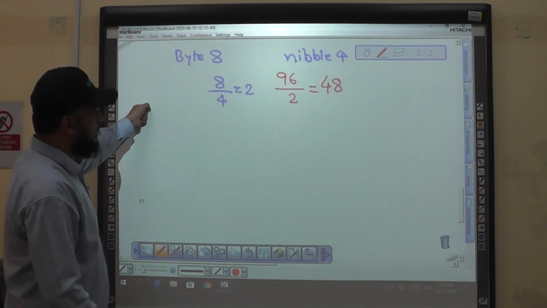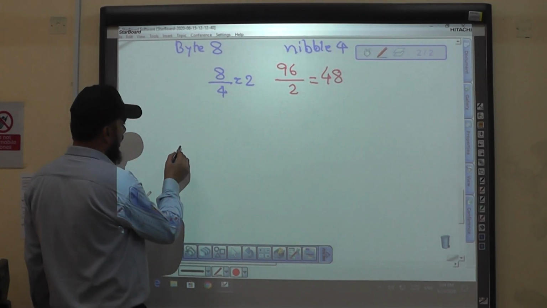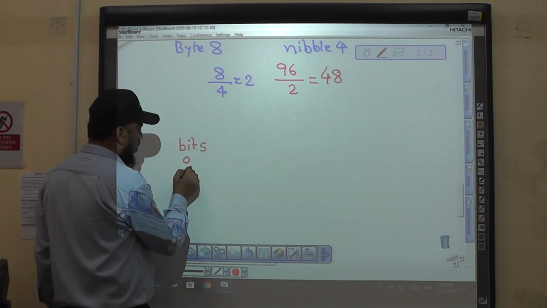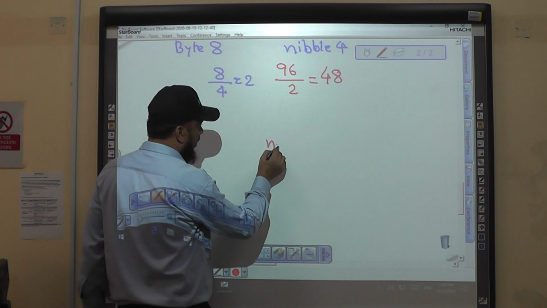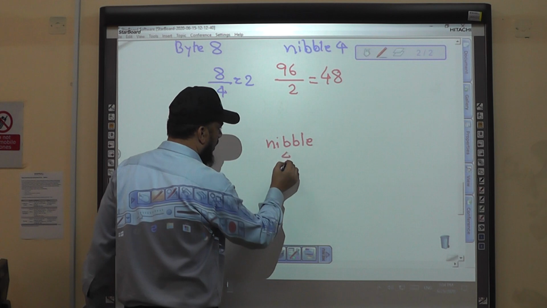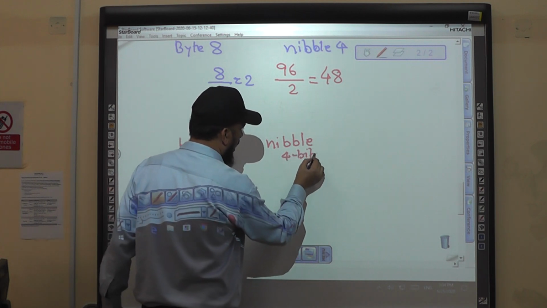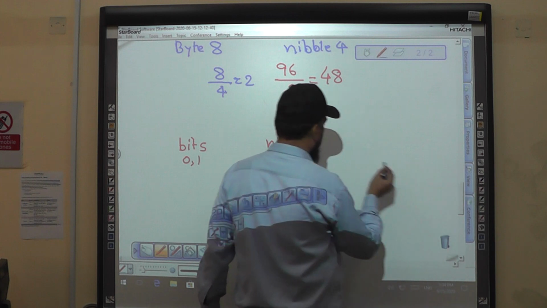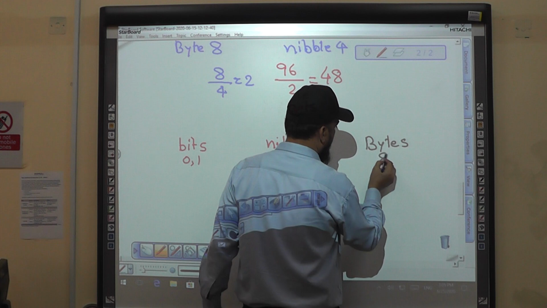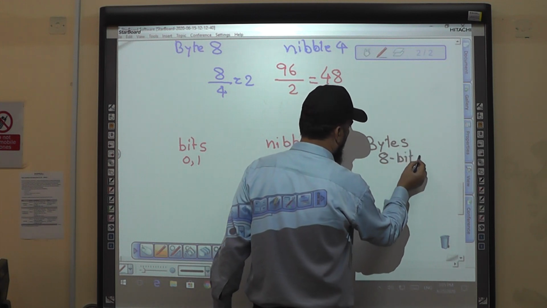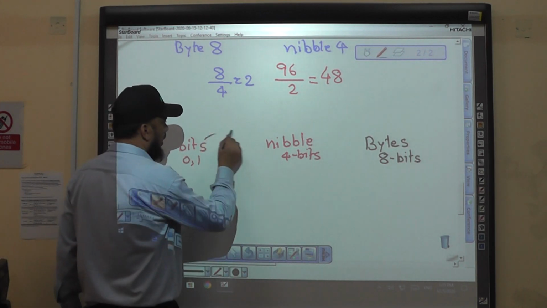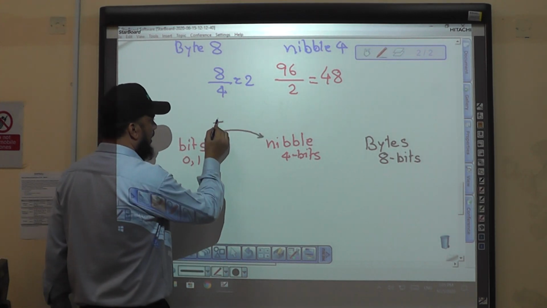So in summary, I will explain this one. Bits are 0 or 1, a nibble is 4 bits, and a byte is 8 bits. If I need to convert from bits to nibbles, we have to divide by 4.